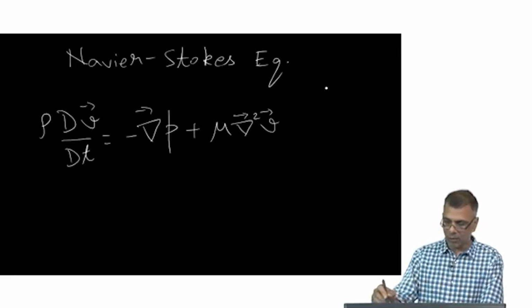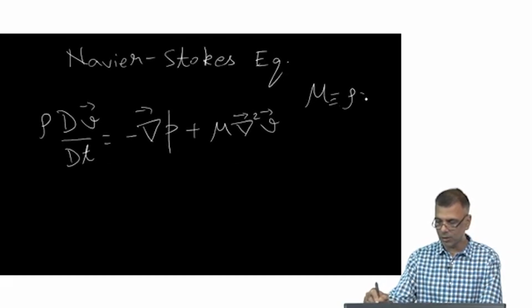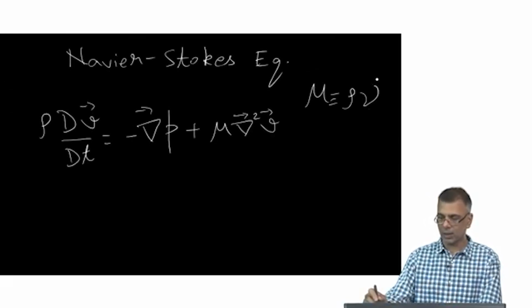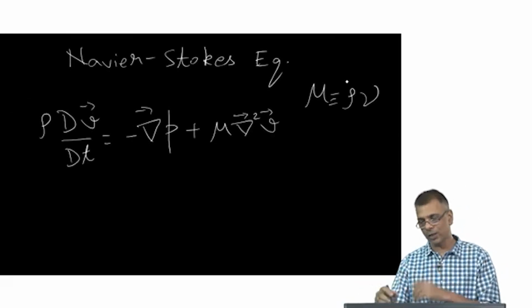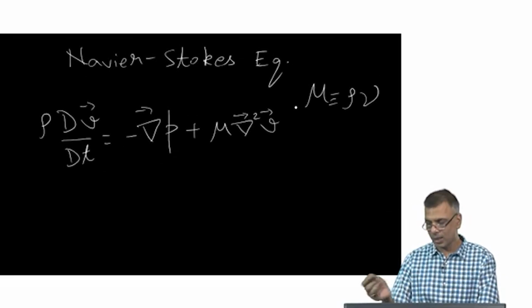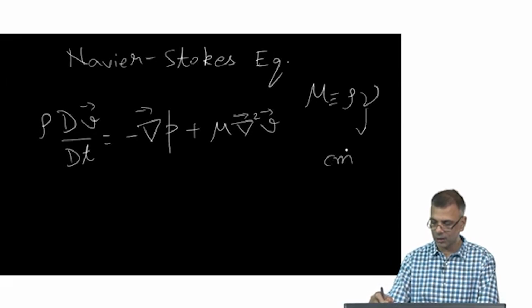Many times we write mu as the density times nu, and both of them are often confusingly called the coefficient of dynamic viscosity. The distinction I want to make is that the dimensions of this are something like centimeters.